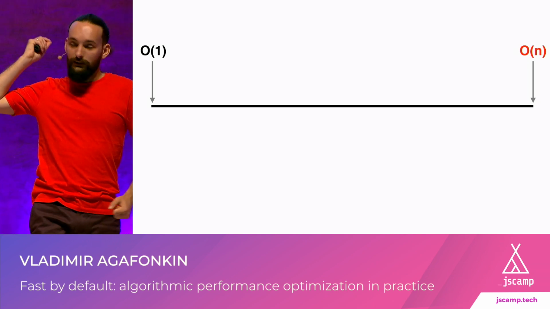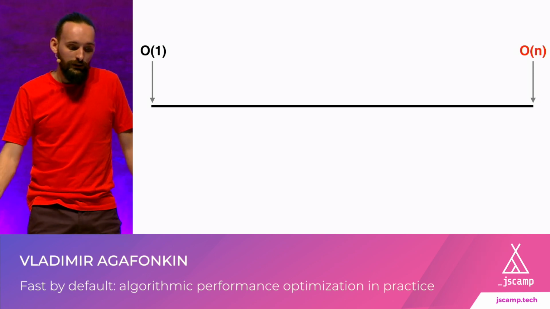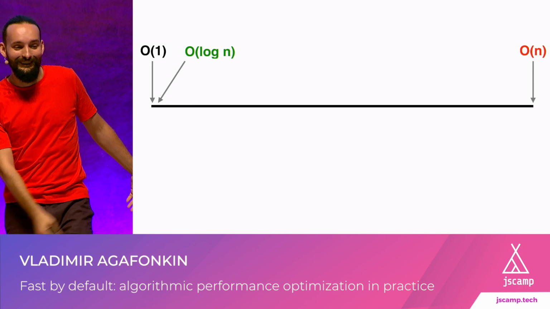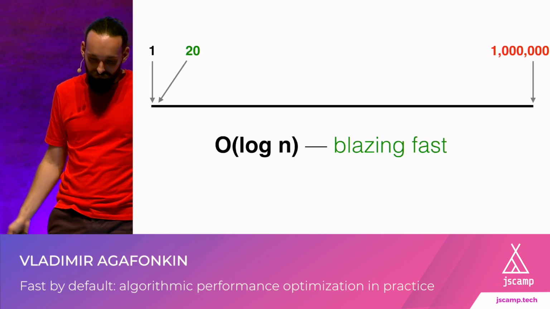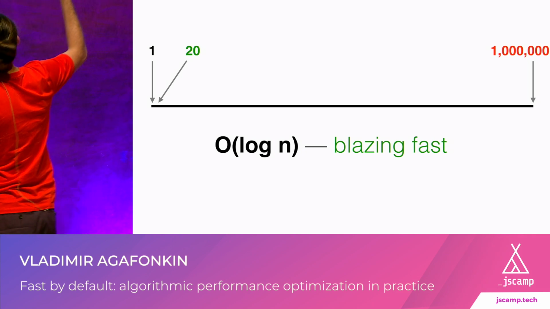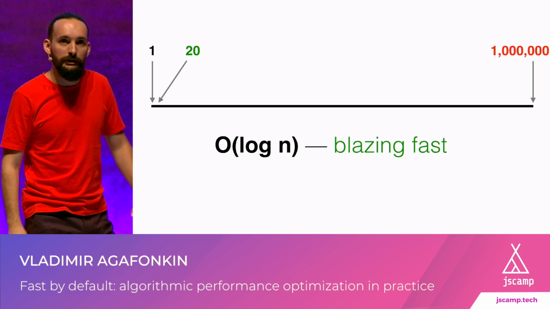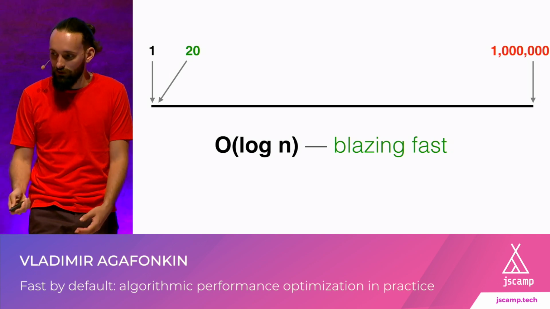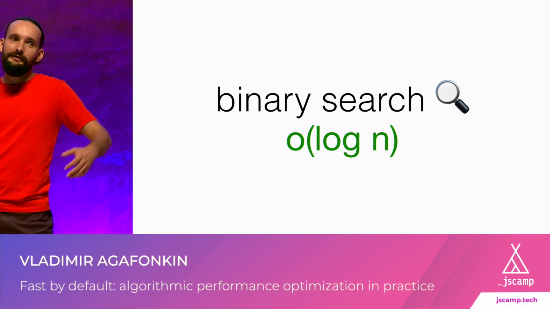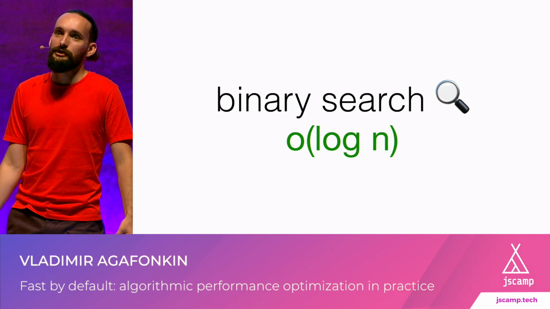Where do you think logarithmic lies? Somewhere in the middle, maybe? It's actually somewhere there. It's amazingly fast. If we look at a million items example, logarithmic complexity will be just 20 operations instead of a million. That's a huge difference, and the most popular logarithmic algorithm is binary search.